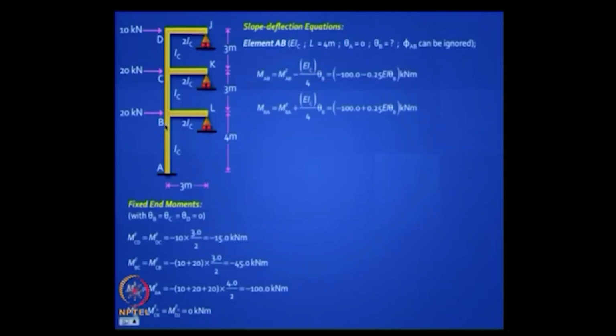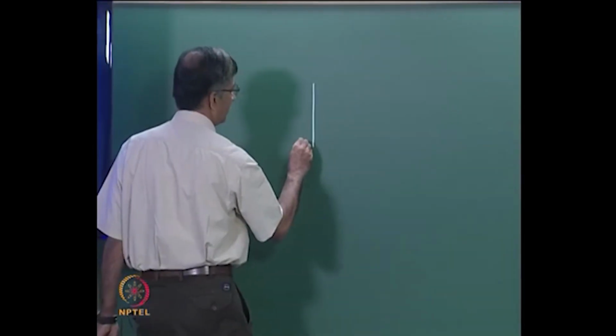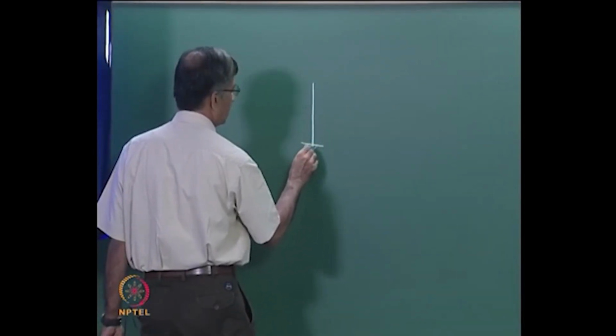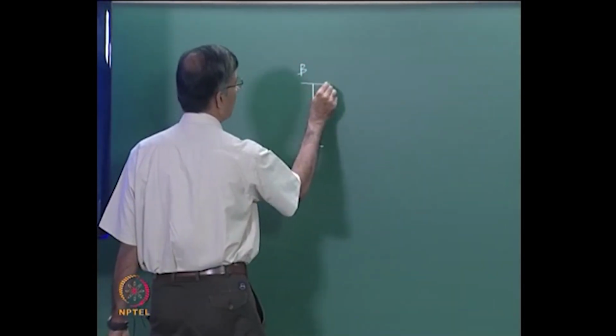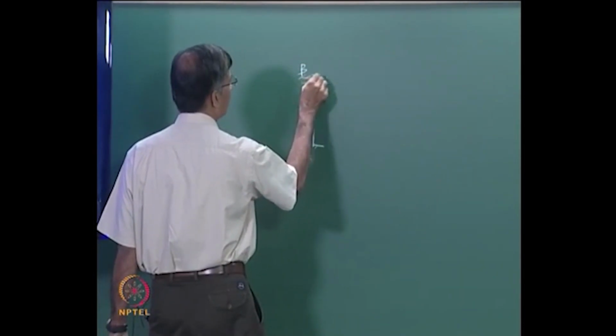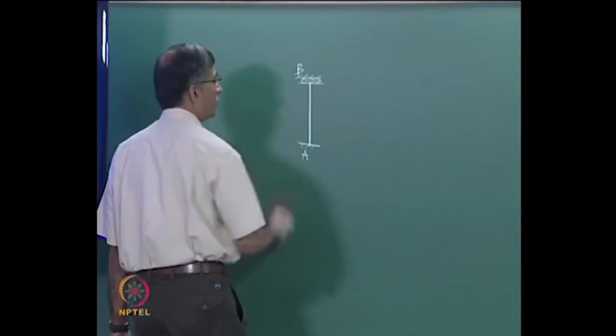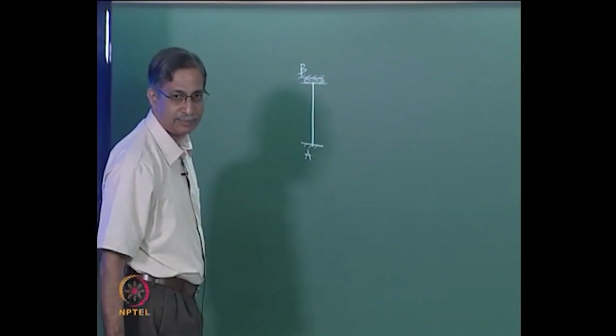I think let's start with BA, this will be easier for you to understand. MBA is MFBA plus EIC by 4, right? It's a cantilever. This is A, this is B, and we are arresting this with a guided roller support, right?